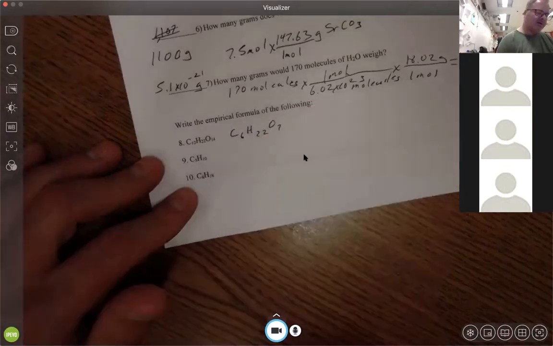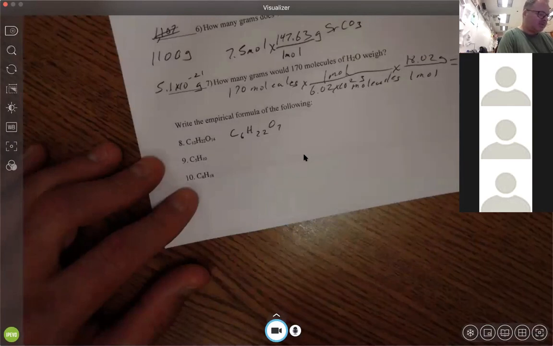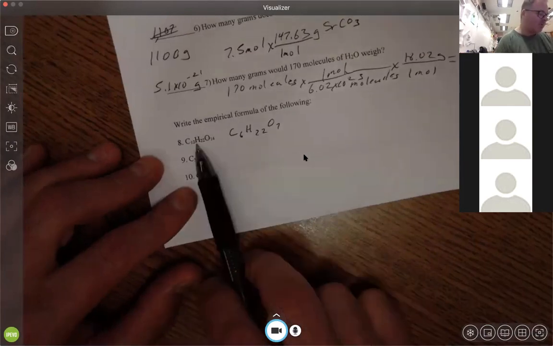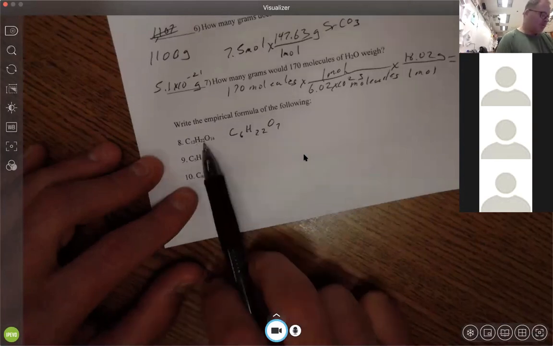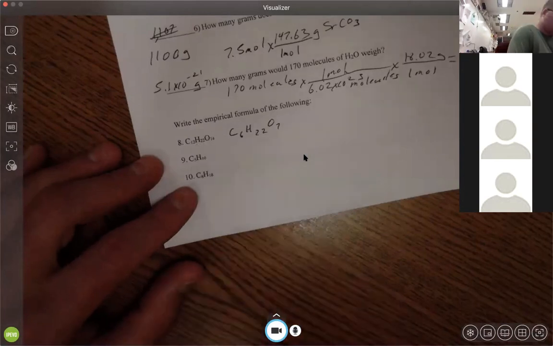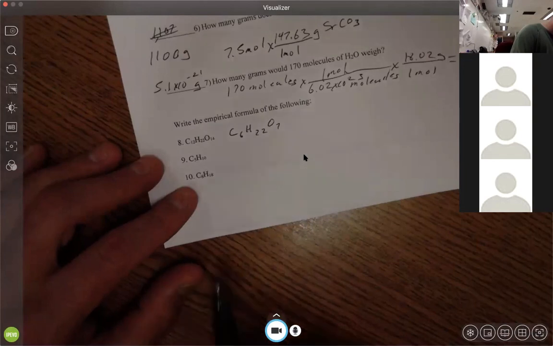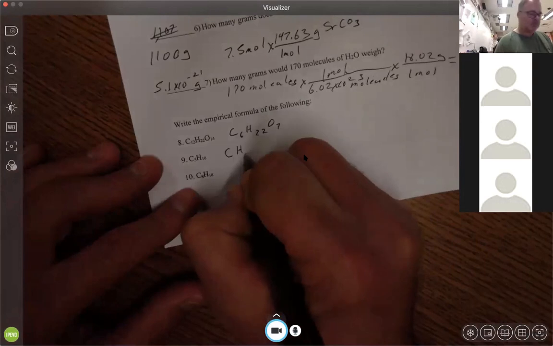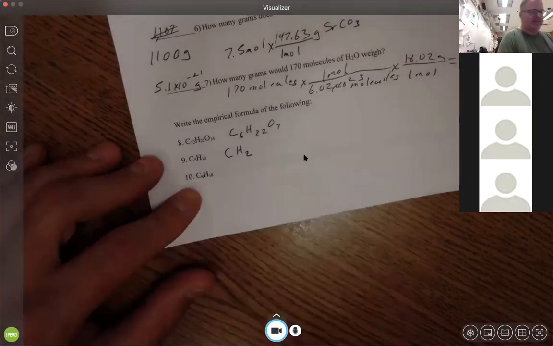These can be no longer divided. So this right here is the empirical formula of C12H22O14. C5H10, where both of those can be divided by 5. So you get CH2. The empirical formula is this.